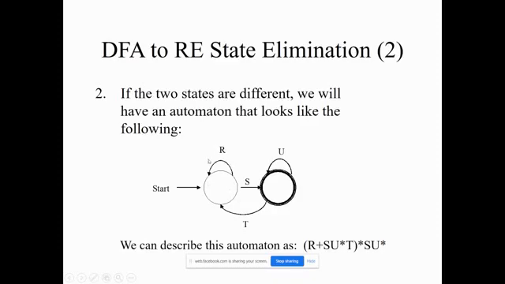Here the machine repeats itself, and sometimes we may need to move on to the next state, and then from the next state you may come back to the R state, and then you may go again to the next state, and then it may repeat itself.